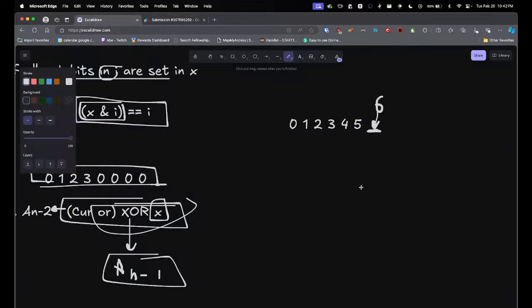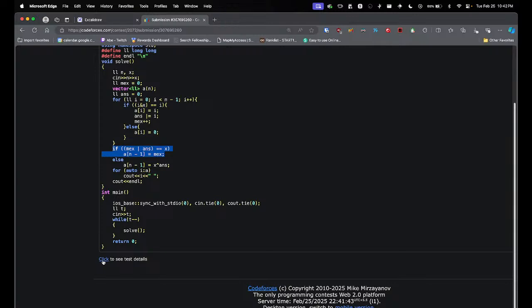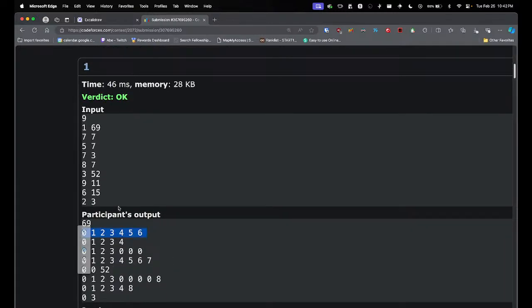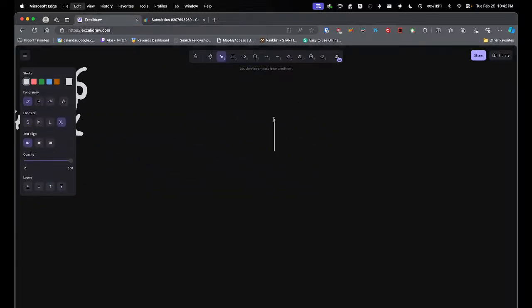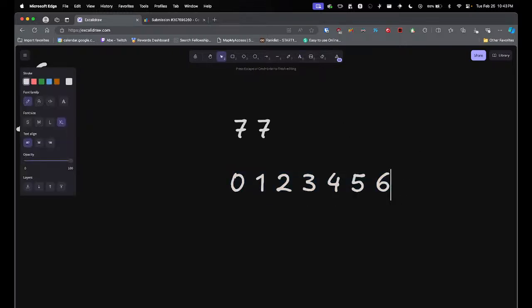Okay. So now, wait, I'll take the example. I think this is where it was 7. When I have n and k as 7, 7, I loop till n minus 2, basically.